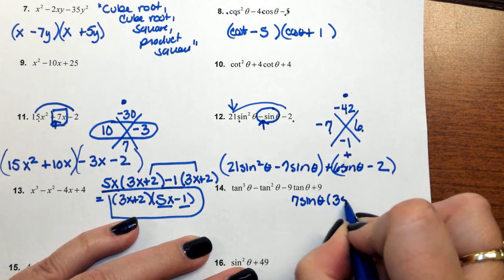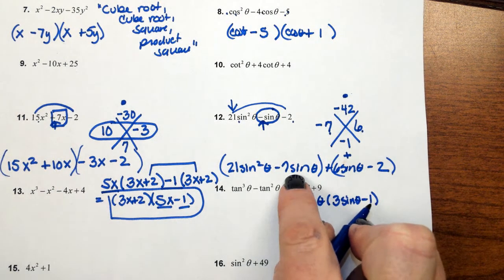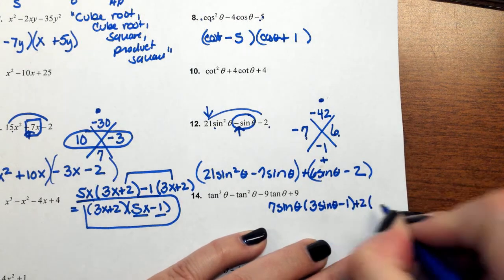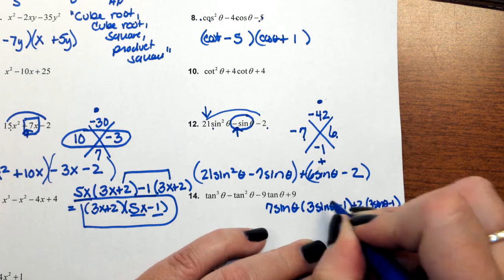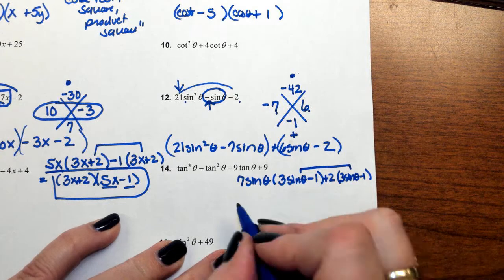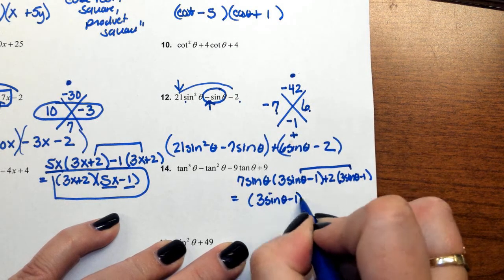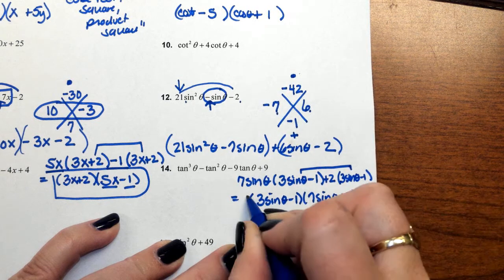That's going to leave me with a 3 sine theta minus 1. Don't forget to write the minus 1. The GCF you can pull out of the second set of parentheses is a 2. So that's going to give you a 3 sine theta minus 1. Notice those parentheses have to be identical for grouping to work. So I can pull out the 3 sine theta minus 1 times 7 sine theta plus 2.